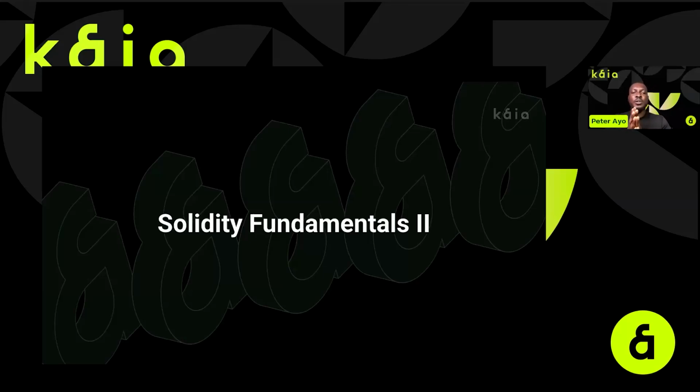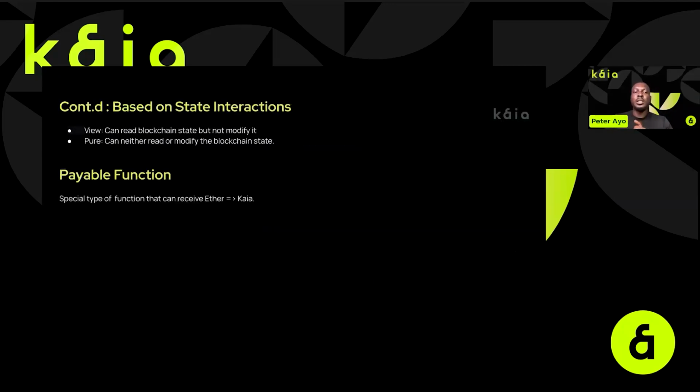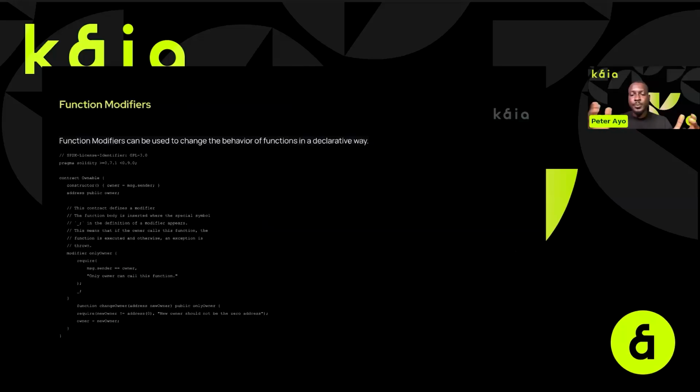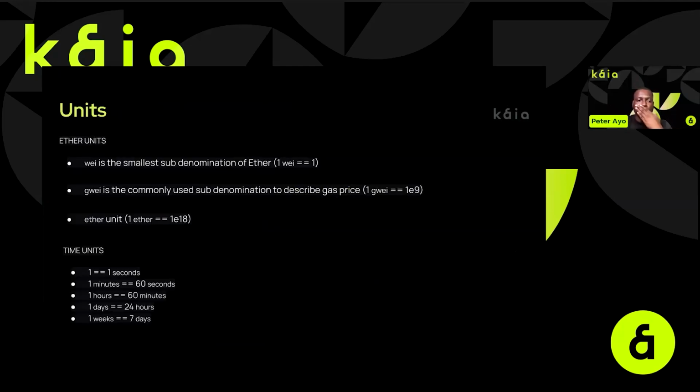We also talked about state changing visibility or interaction keywords like view and pure. Then we also talked about payable functions, function modifiers, how this helps you change the behavior of your function, and inheritance, and also ether units.